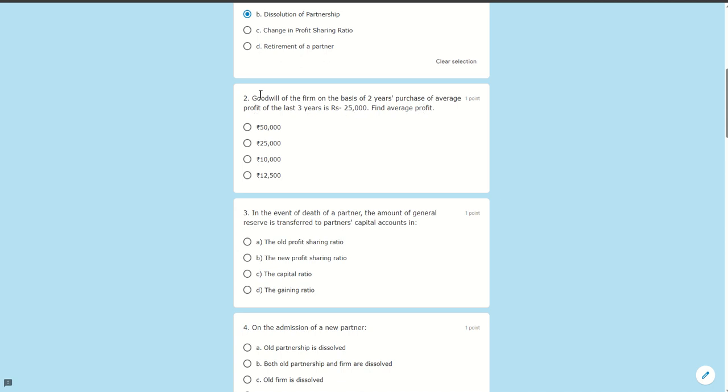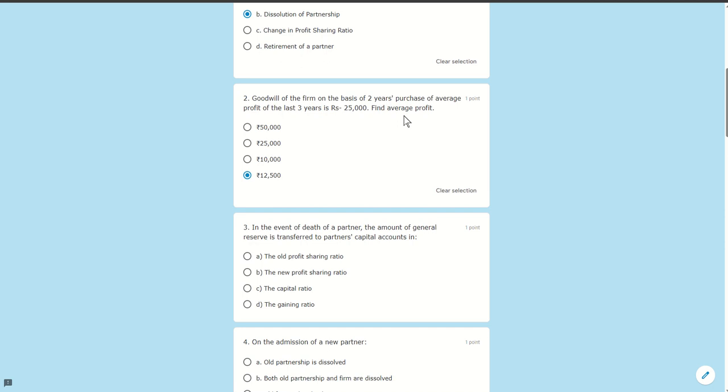This is the goodwill value based on the last 3 years profit. So 2 years purchase, the value of goodwill is 25,000. That means average profit is half of that, divided by 2, 12,500. That is the average profit for the last 3 years, right? So doing a back calculation and arriving at 12,500.